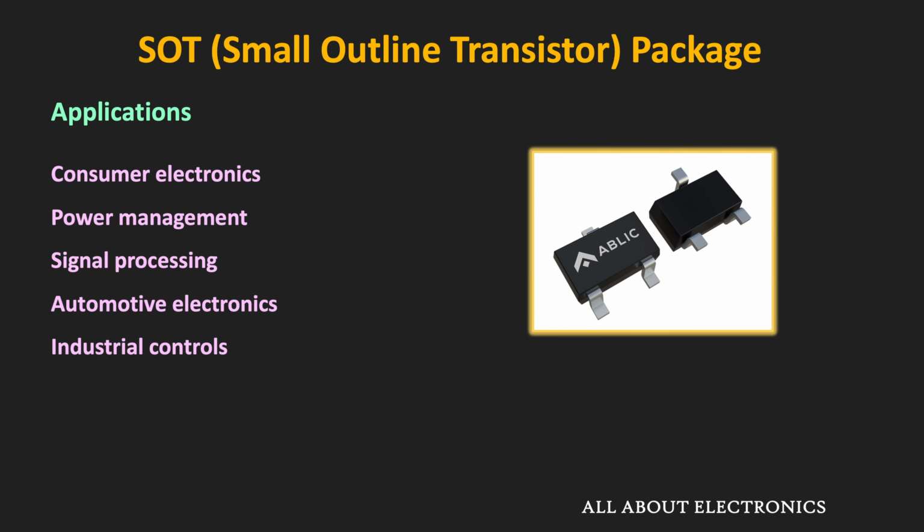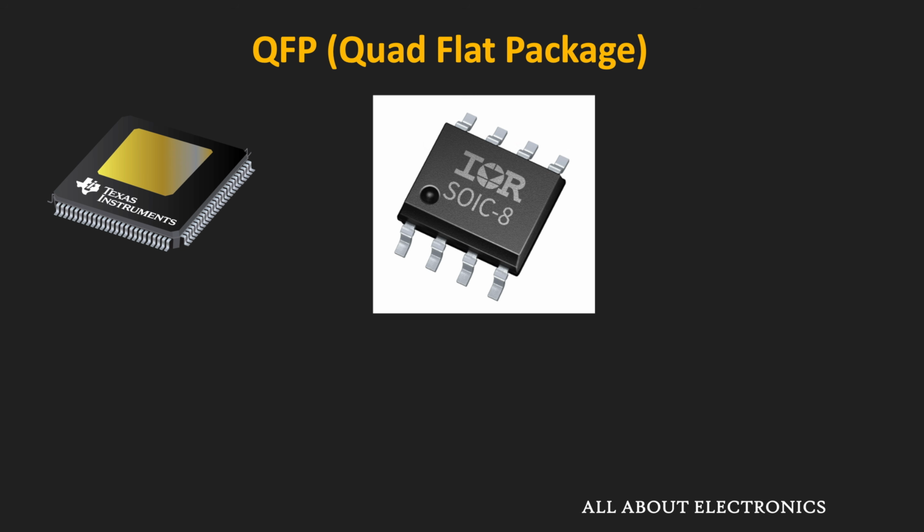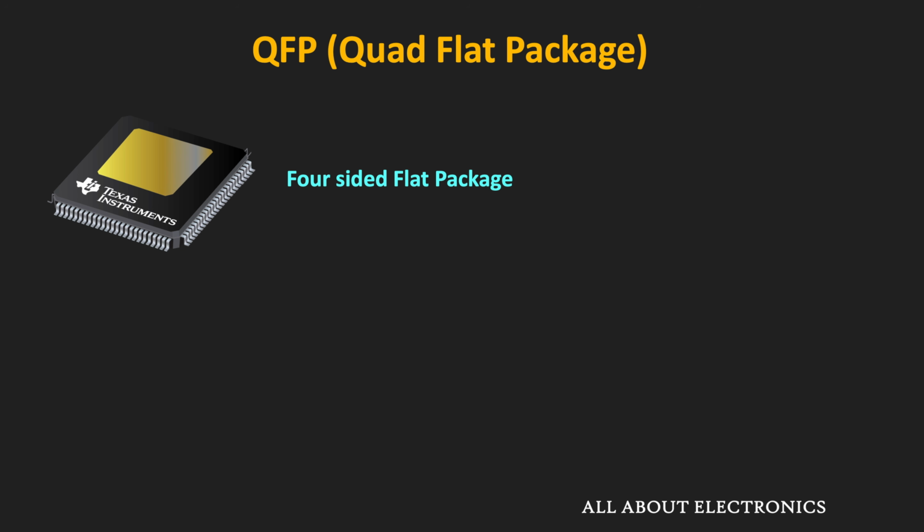Similarly, now let us see the next type of surface mount package, that is the QFP. Here, this QFP refers to the quad flat package. In case of the SOP or the SOIC, we have seen that the leads are arranged in two rows on the two sides of the package. But this QFP is a four-sided package.